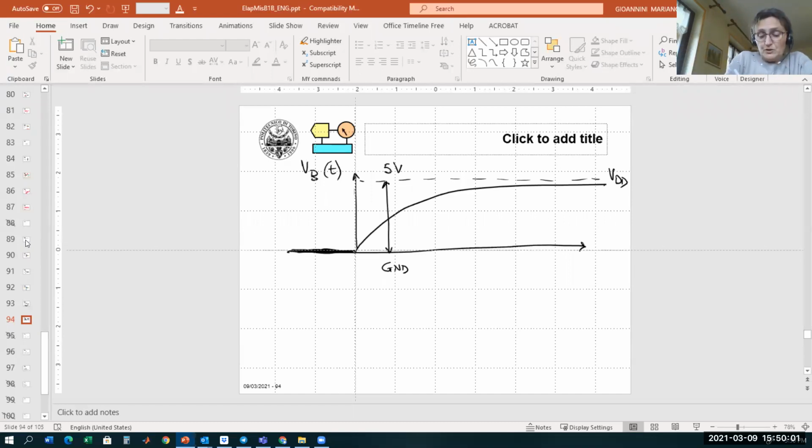And also we know that VIH is a voltage which is quite large because it is rather close to VDD. Okay?